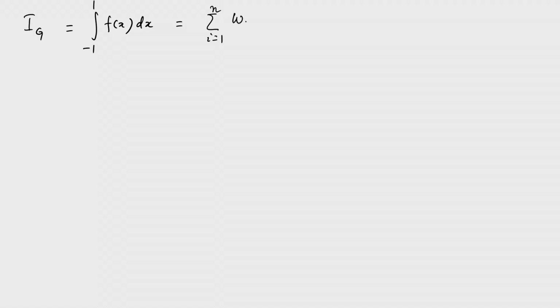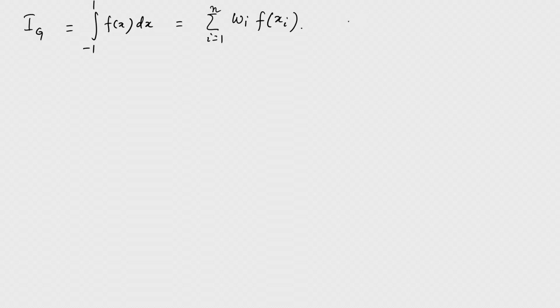So, let us just write this integral as Ig. Ig stands for the Gaussian integral or the quadrature integral, and let us just take a simple example to begin with, where the integral is from -1 to +1. This will be the sum over i equal to 1 to n of Wi f(xi), where i goes from 1 to n.